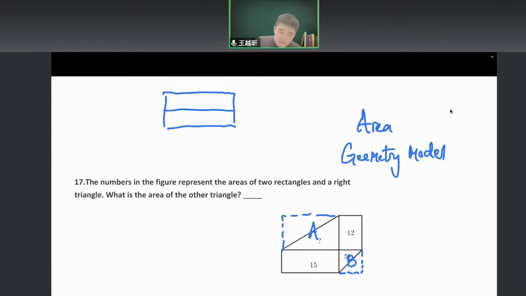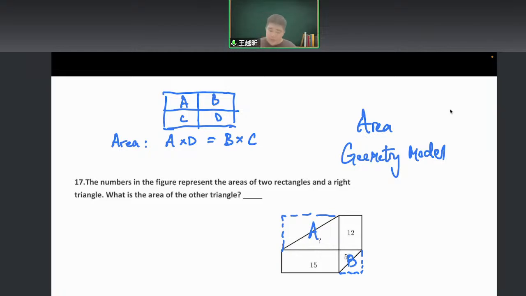If you are given a rectangle divided into 4 pieces, let me label A, B, C, D. Then we have a conclusion about the area: A times D equals B times C.